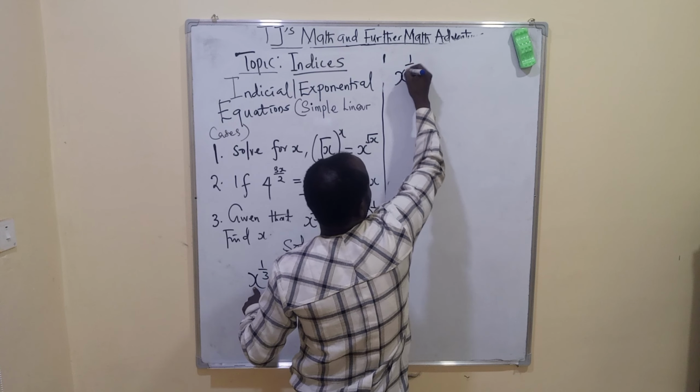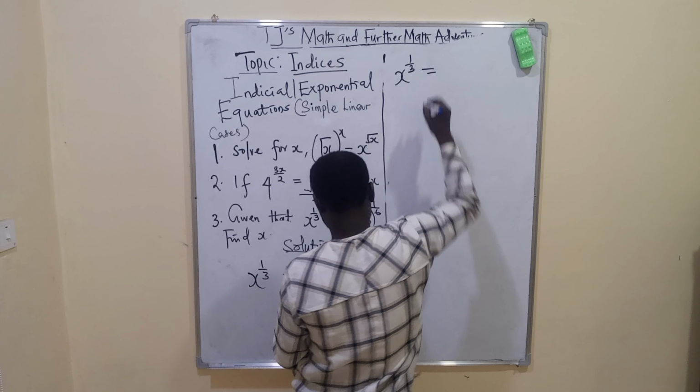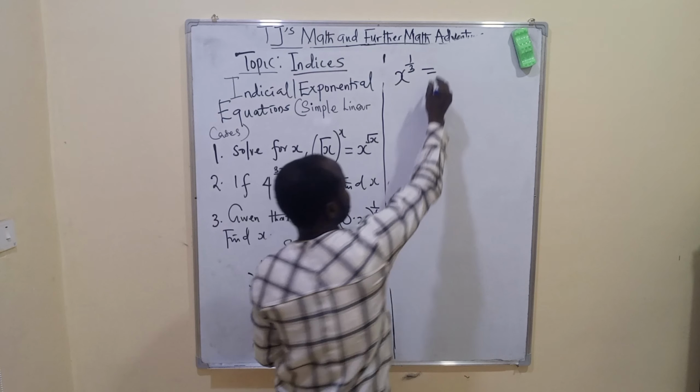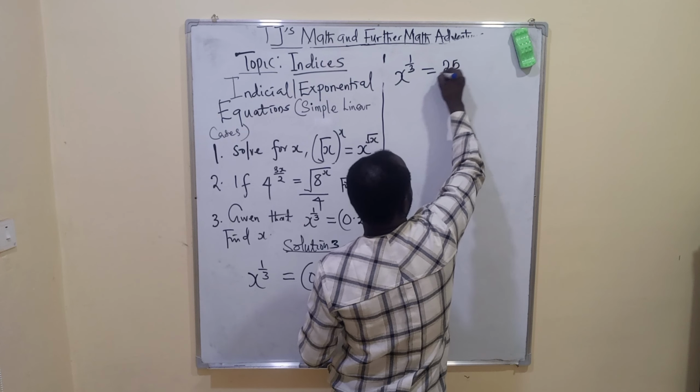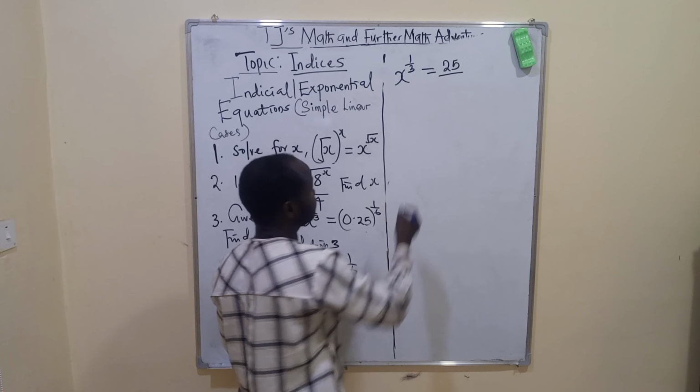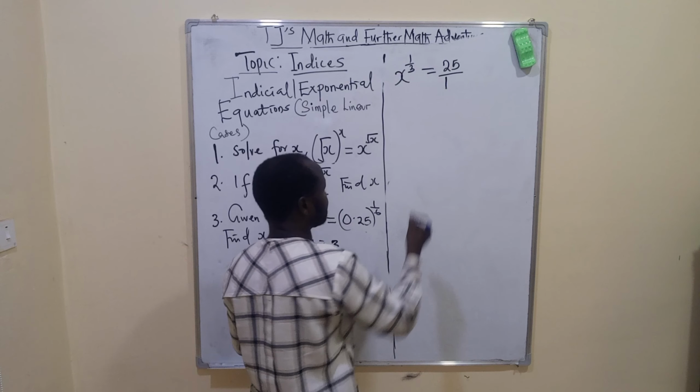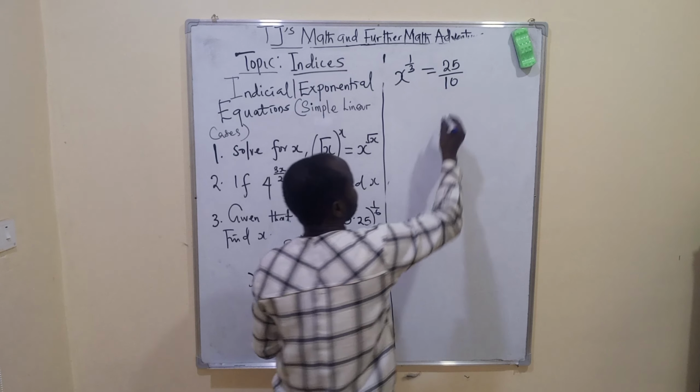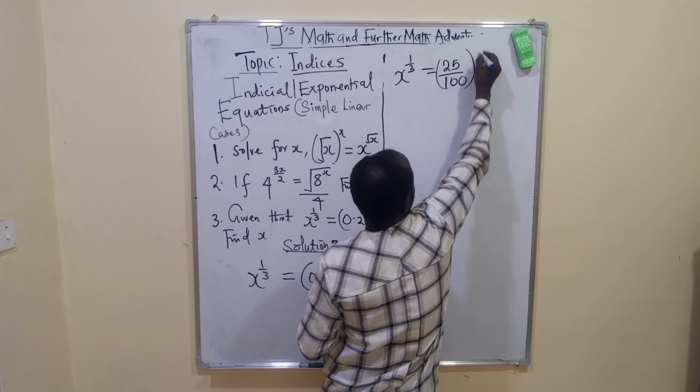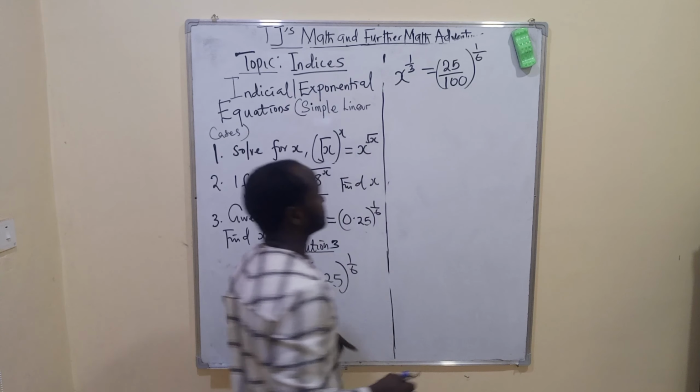x power 1 over 3 will be equal to 0.25, which is the same as 25 divided by 100, power 1 over 6.